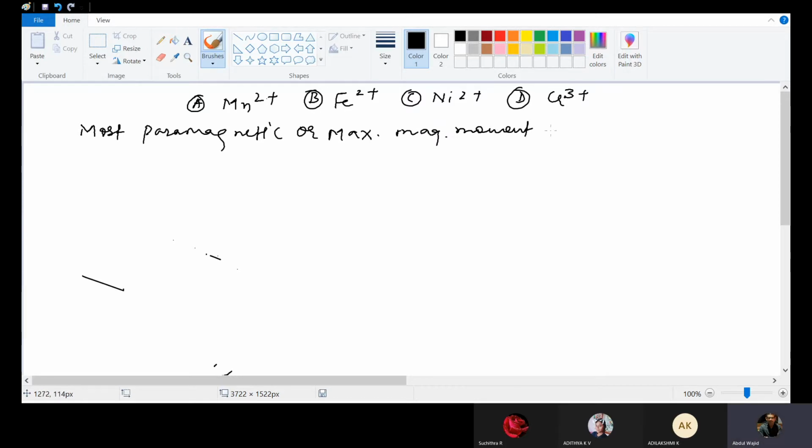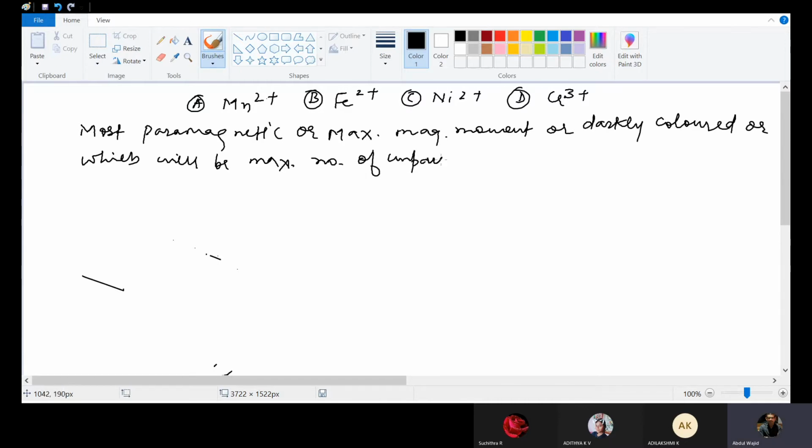Or they can ask which one will be most darkly colored, or which one is having the maximum number of unpaired electrons, or unpaired d electrons.